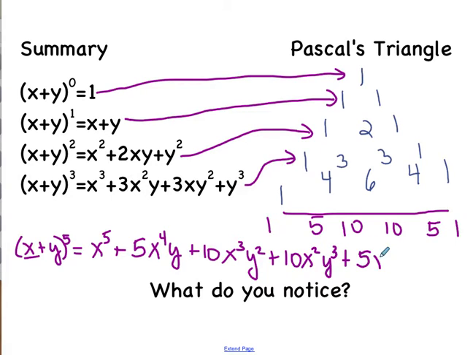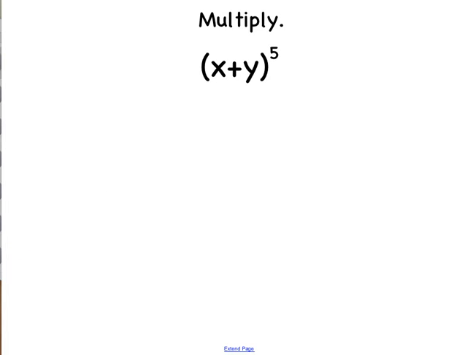Exponent on the x decreases by 1. On the y, it increases by 1. And then finally, I'm left with the 1 as my coefficient. The exponent on the y increases by 1. Exponent on the x decreases by 1. Isn't that better than multiplying it all out by hand? Oh, I just did that.